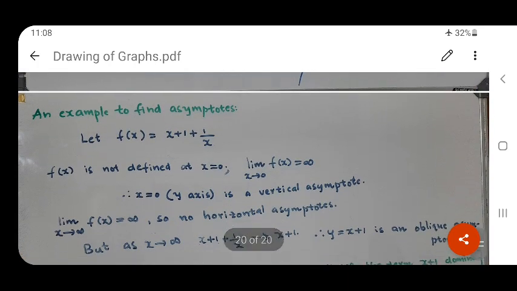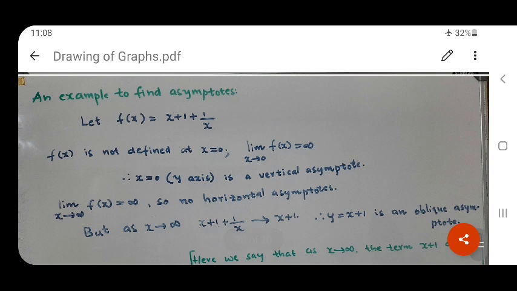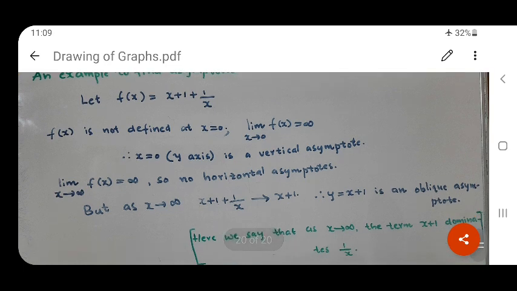And as a last example, I have found an asymptote for the function f of x equal to x plus 1 by x. Note that it is not defined at x equal to 0. Therefore, x equal to 0 is a vertical asymptote. Again, as x extends to infinity, the function tends to infinity. Therefore, no horizontal asymptotes. But note that as x extends to infinity, 1 by x will tend to 0.